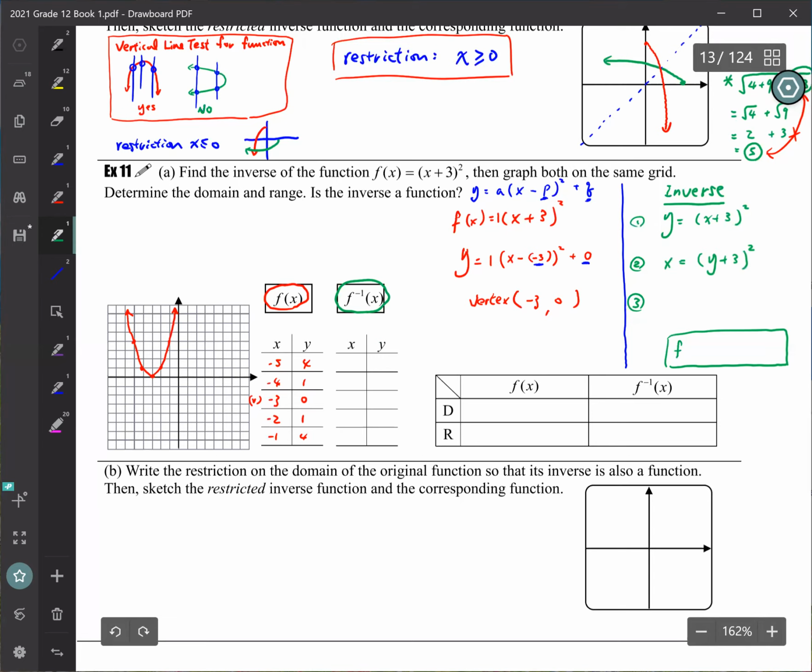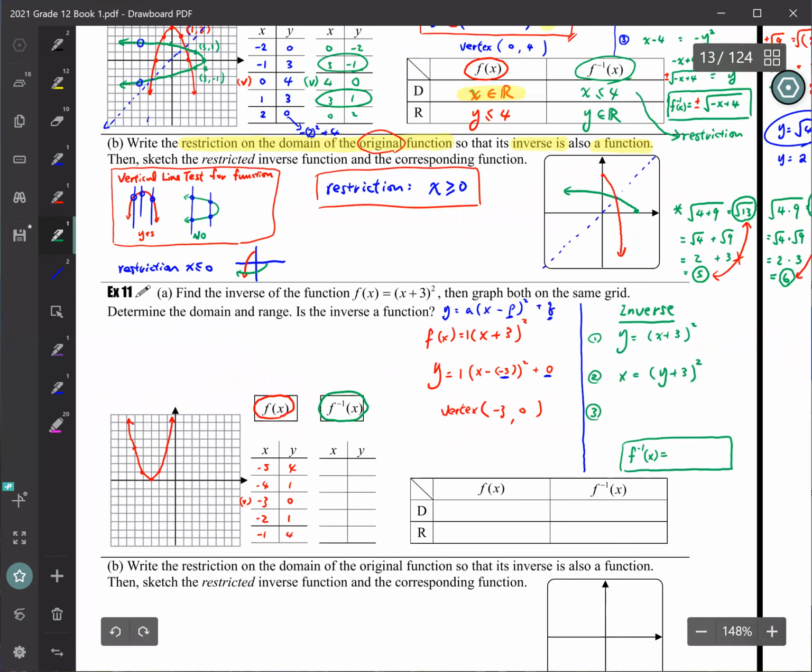And please write your answer with a proper symbol: f inverse of x equals. Please raise your hand if you have the inverse equation.